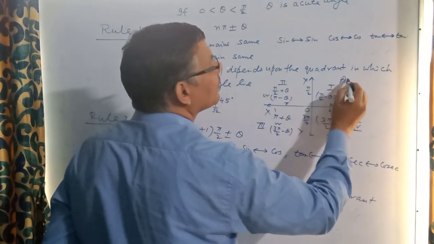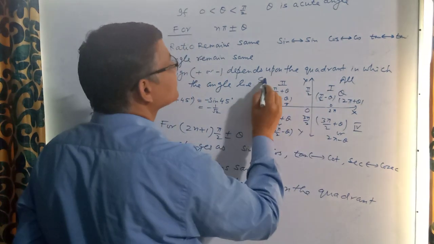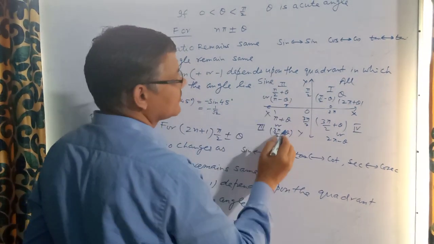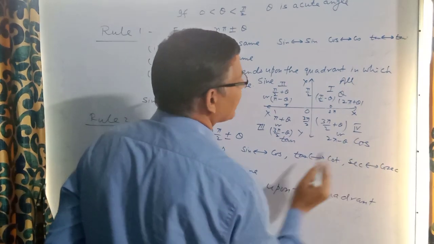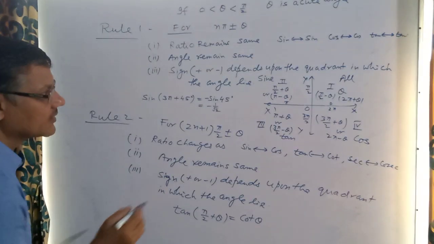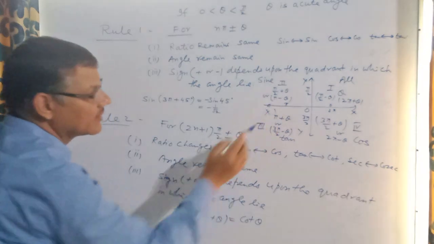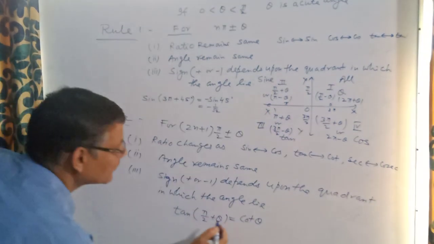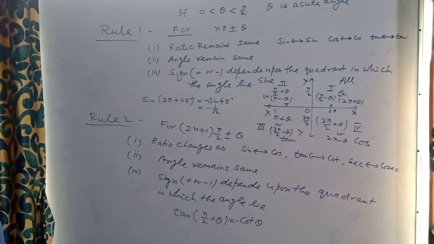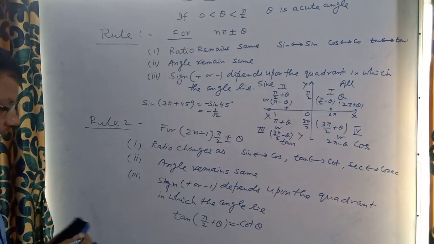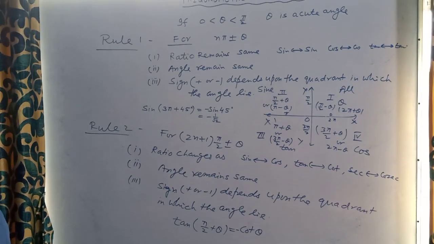Here we write All, Sine and cosec, Tan and cot, Cos and sec. So in the second quadrant, tan is negative, so that's why minus. Using these two rules we can find the value for any known angle.